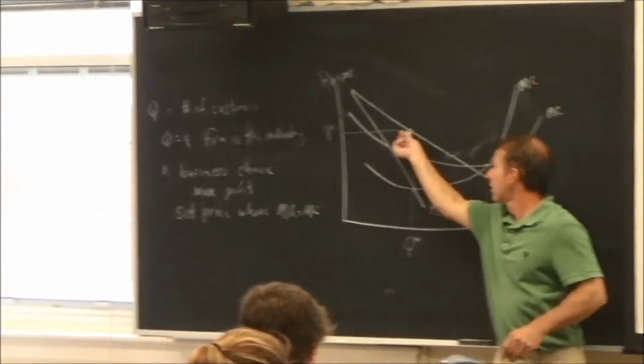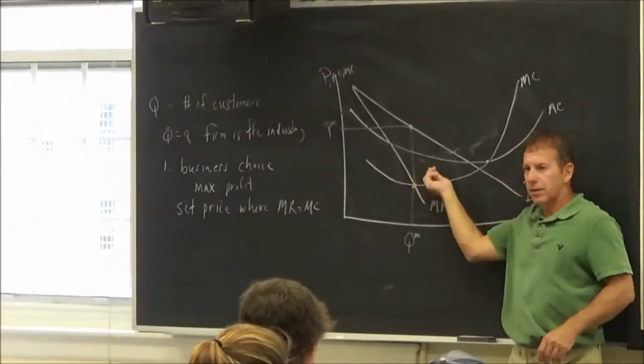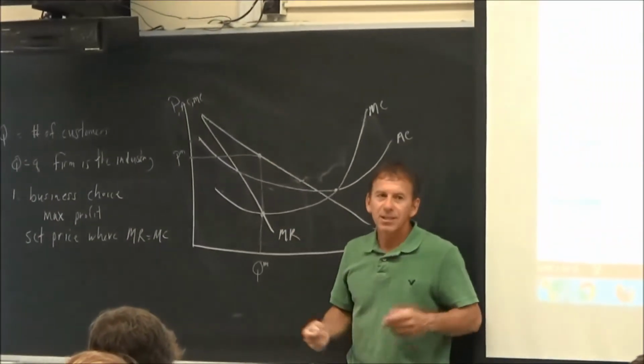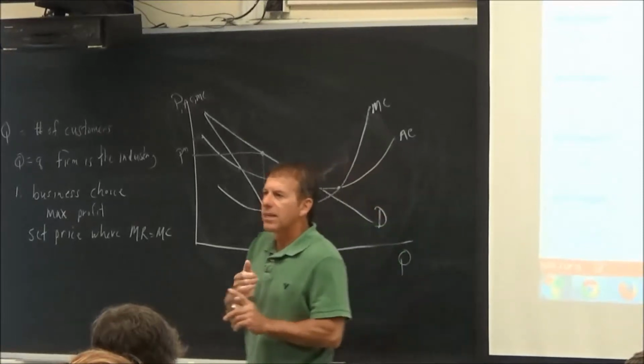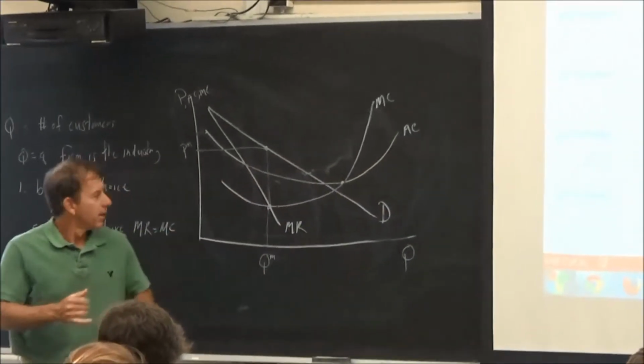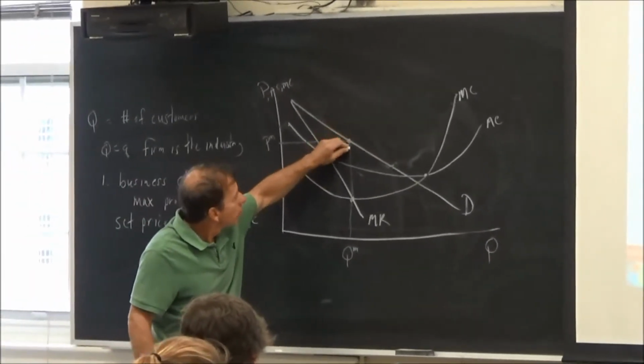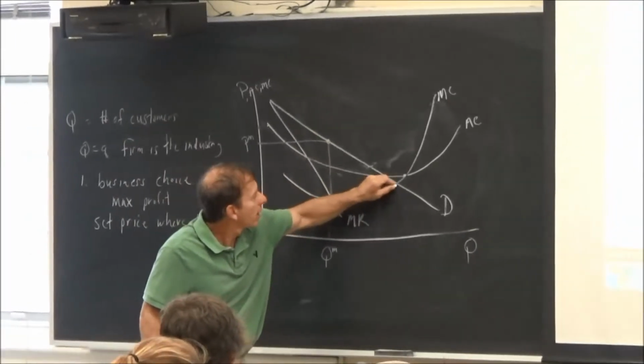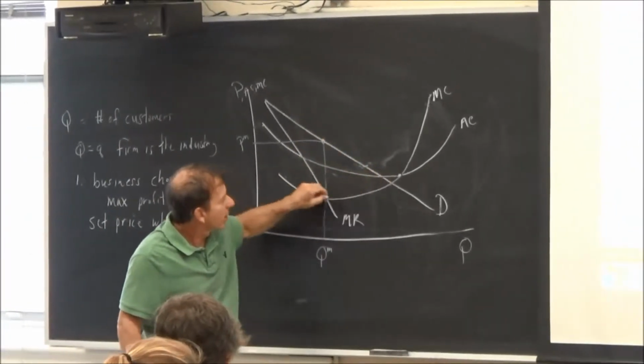And what would this area represent, right here? Deadweight loss. Okay, so the fact of the matter is that the big problem here is that there is a huge deadweight loss. This whole area here would represent a deadweight loss.